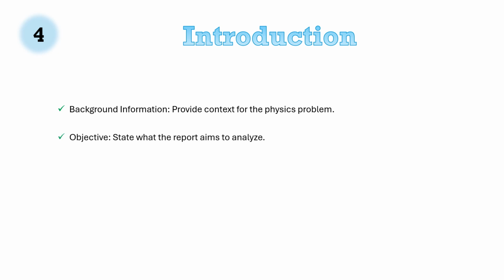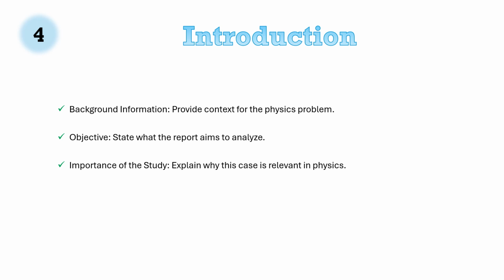Next, you have to provide the introduction of the case study. The introduction part will come first. In the introduction, you have to provide background information which will specify the context for the physics related problem. Then you have to provide the objective. In that you have to mention the aim of this particular report.